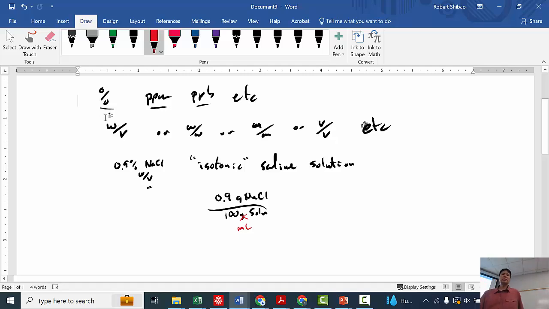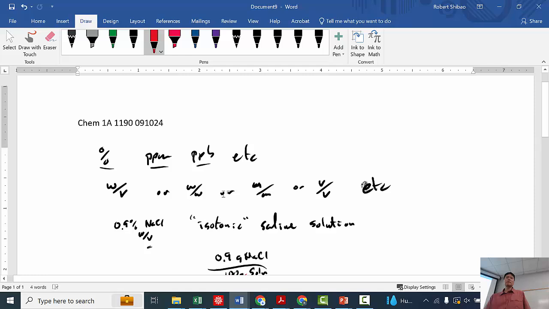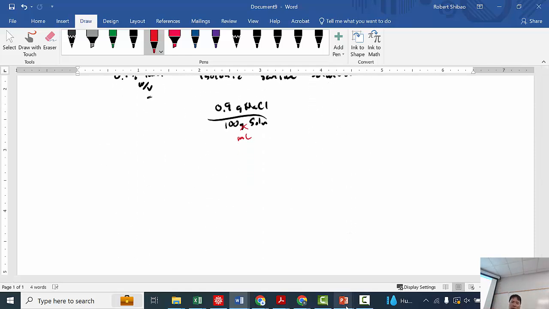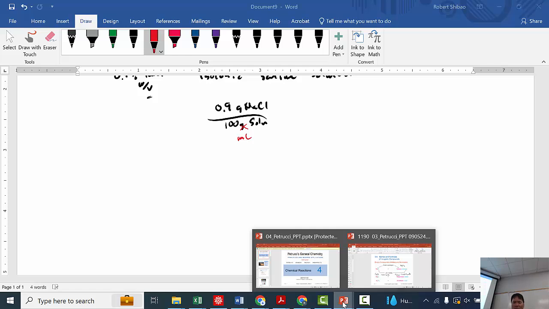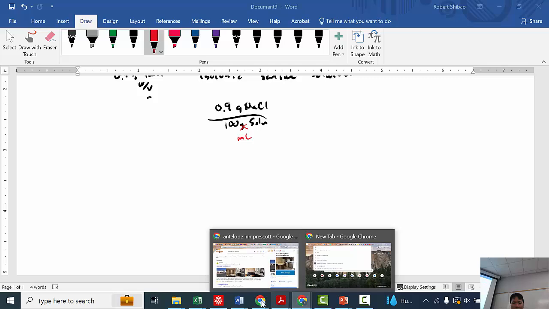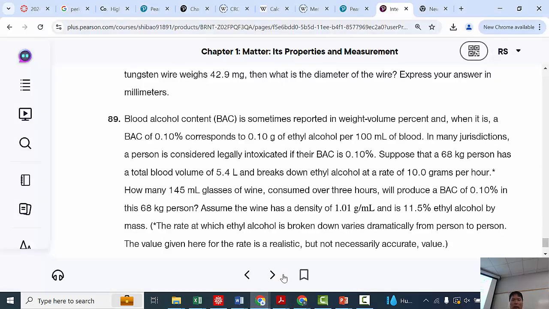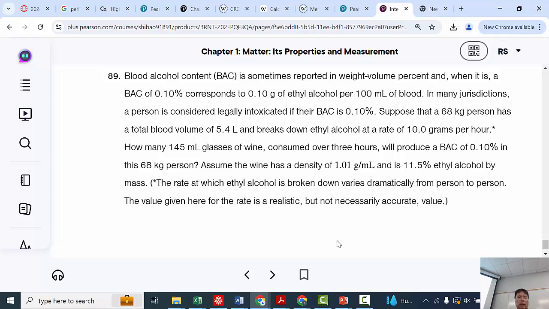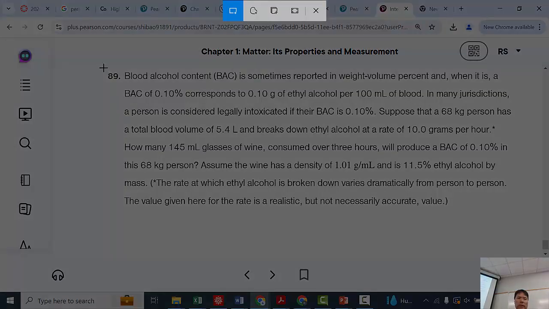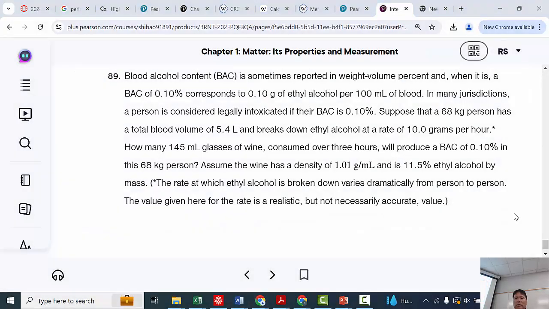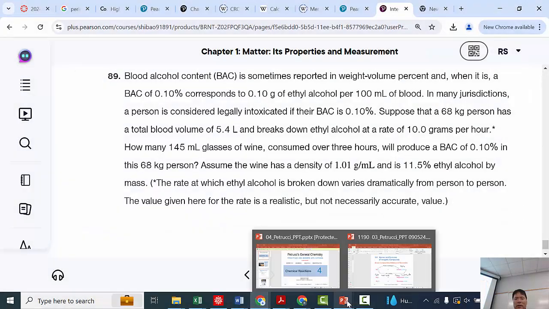And so the first thing we do in these types of problems is we look at all the conversion factors that are given. I had a question about this the other day, and this student wasn't including any units in their calculation.